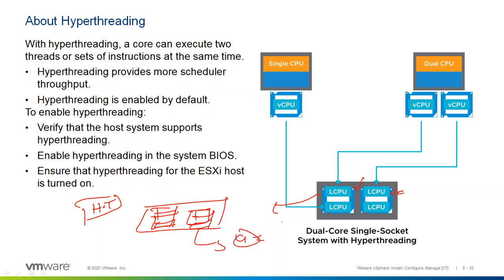We have seen some applications on the VM itself that require more than the actual cores. They require multiple threads of CPU to run. That's called hyperthreading. So in that case, if we enable hyperthreading on the underlying host, then we can assign more vCPU cores here to present more threads.